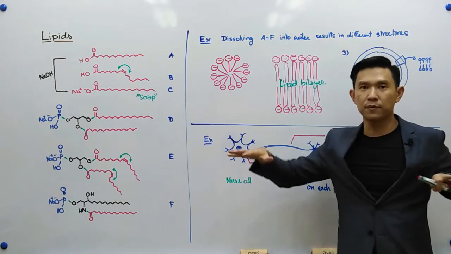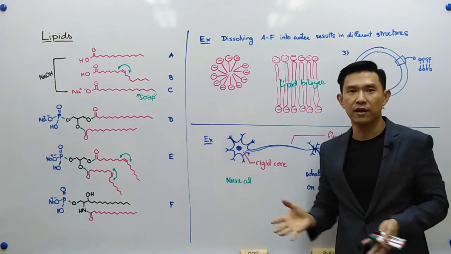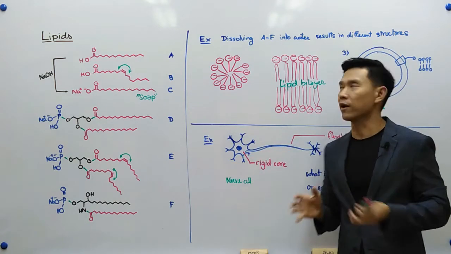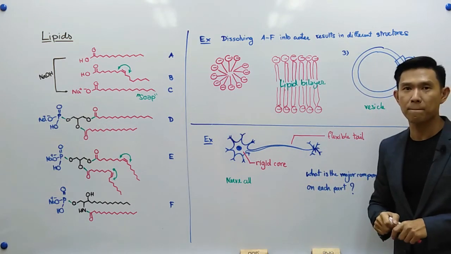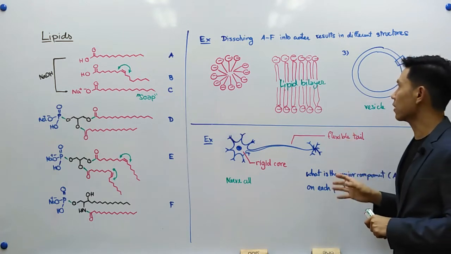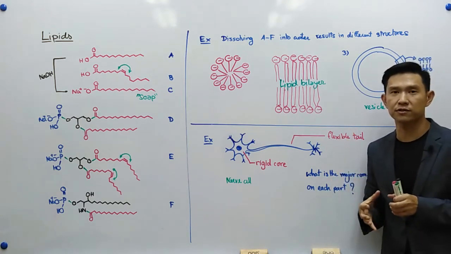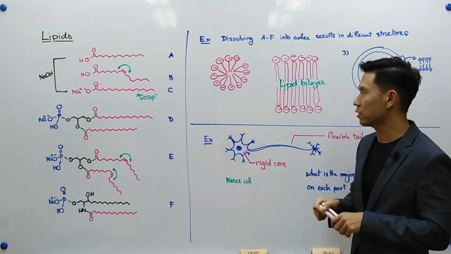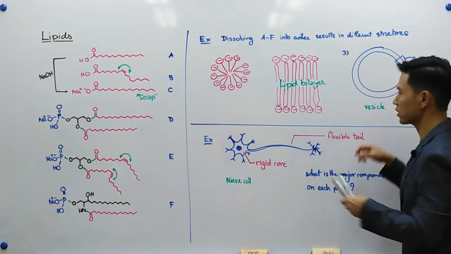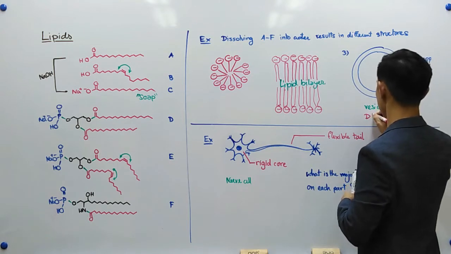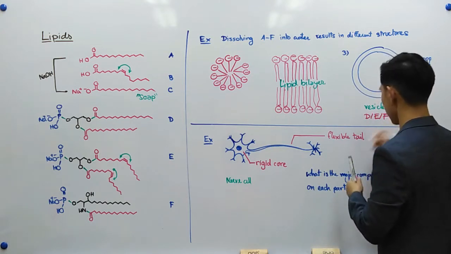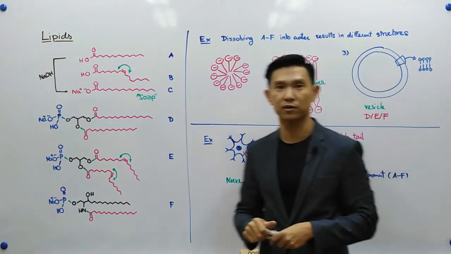And from a huge lipid bilayer, they just curve and fold themselves up to be a ball like this. So this is the vesicle. A vesicle and a whole cell are kind of the same thing. Basically, the vesicle is the structure of D, E, and F in aqueous solution.